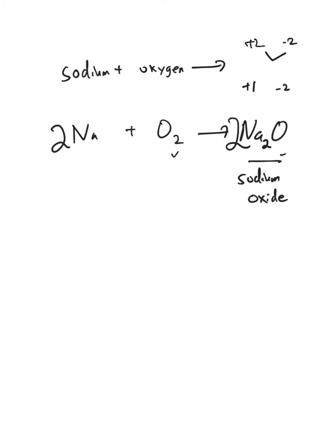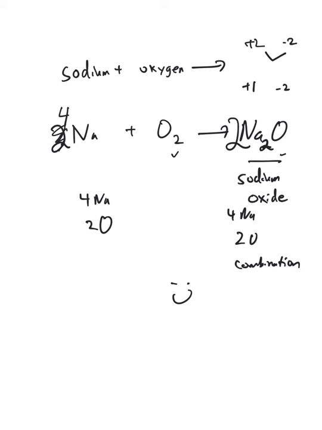I've now got 2 times 2 is 4 sodiums on the product side. So that means I need to change that 2 in front of the sodium on the reactant side to a 4. So now I've got 4 sodiums and 2 oxygens, 4 sodiums and 2 oxygens in this combination reaction. And all is balanced.